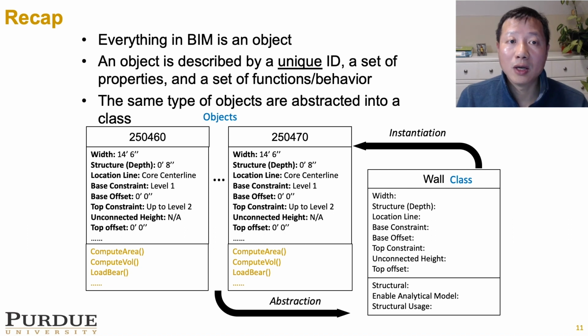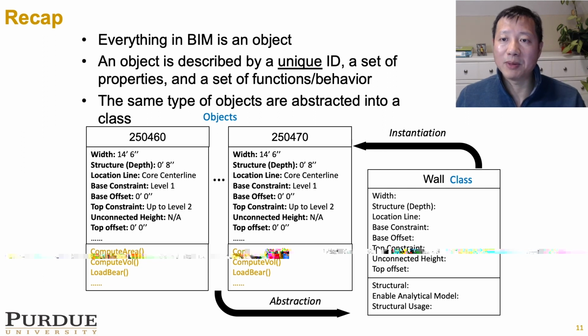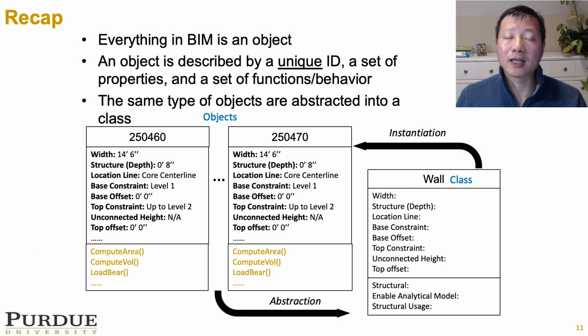So just to do a recap before we move on, everything in BIM is an object, and we use object-oriented modeling to complete the modeling process in BIM. In object-oriented modeling, every object is described by a unique ID, a set of properties and attributes, and a set of functions or behavior. The same type of objects are grouped together.